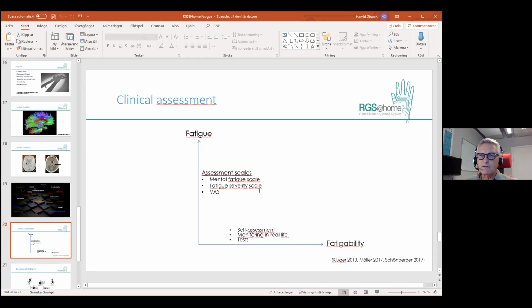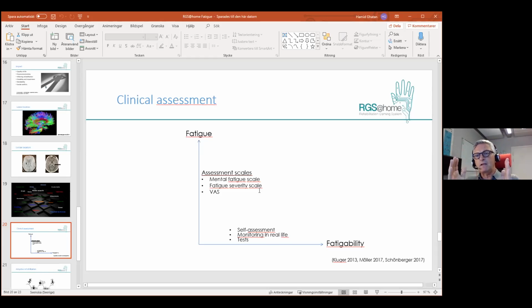I mean, these tools are still crude, I would say, but they monitor the non-specific symptoms in a more general setting than the specificity of the symptoms we have been addressing so far related to lesion location, right?